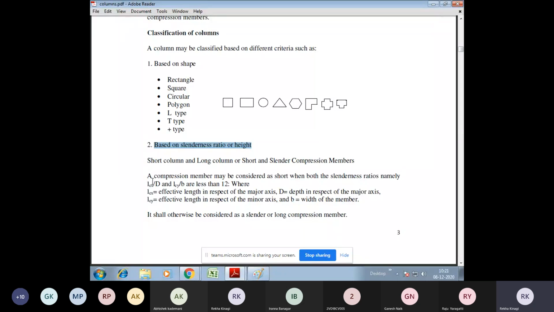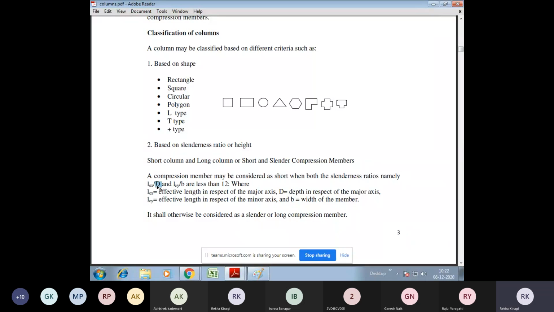A compression member or column may be considered as short when both the slenderness ratios. What exactly is slenderness ratio and how to calculate that, we'll discuss in just a while. The slenderness ratios are LEX by D, that is the effective length in x direction, and LEY, effective length in y direction, by B. This is breadth of the section, this is depth of the section.